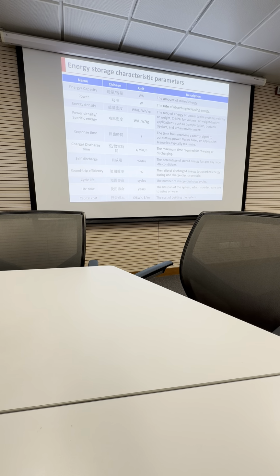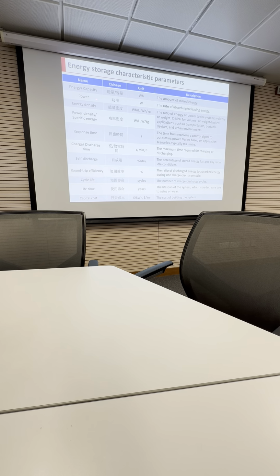Okay, for electricity in, electricity out. So how much we can get out of the initial energy. So round-trip efficiency is very important. Okay, also we have some indicators for the commercialization, like cycle lifetime and capital cost.